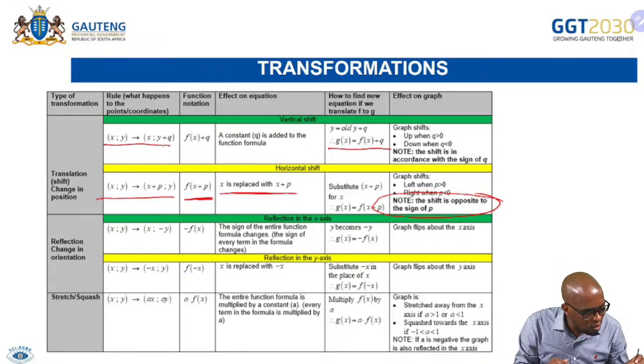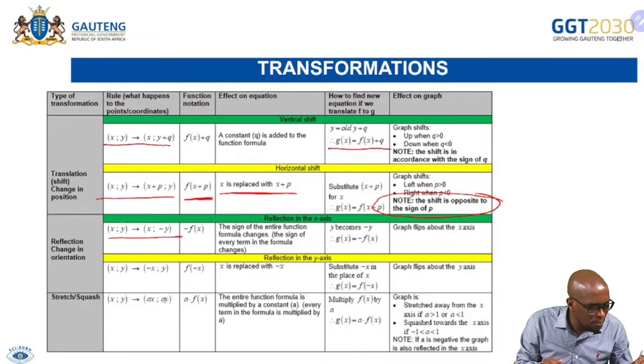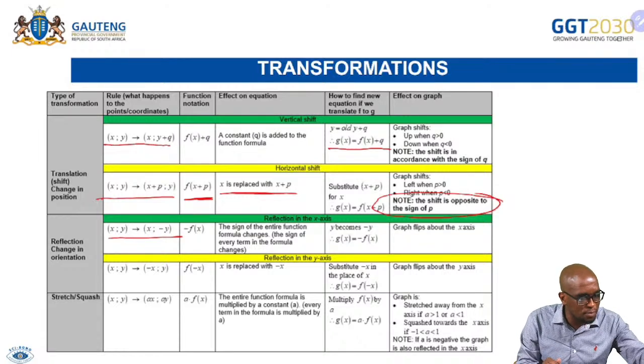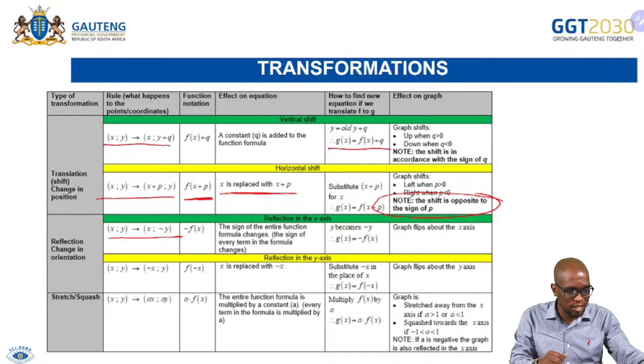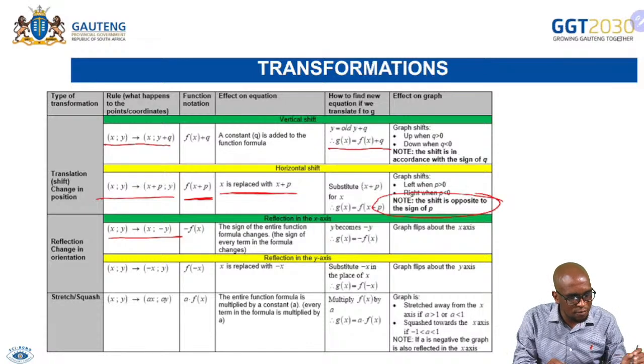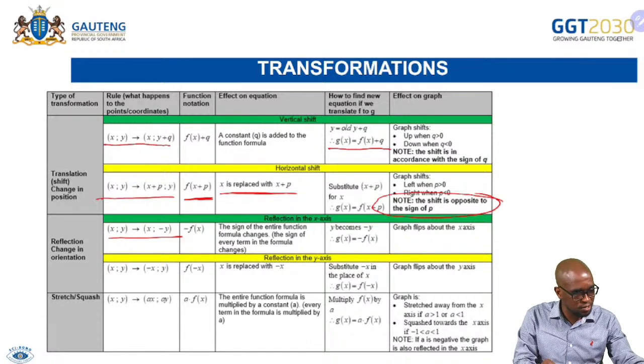So you can see on the set of ordered pairs, if an original point was given as x, y, and you are reflecting with respect to the x-axis, then x remained the same, but y became negative. With respect to functional notation, the new function would be given by minus the original function because y becomes negative. What happens on the graph is that the graph flips about the x-axis.